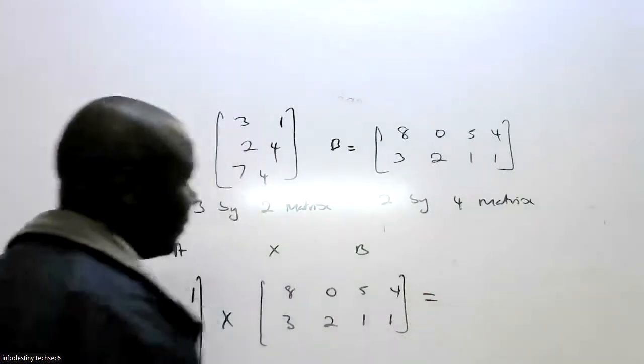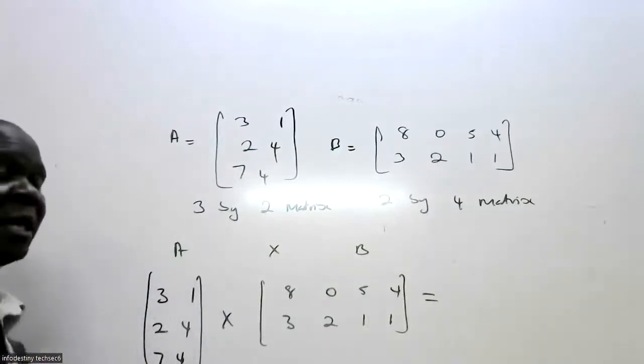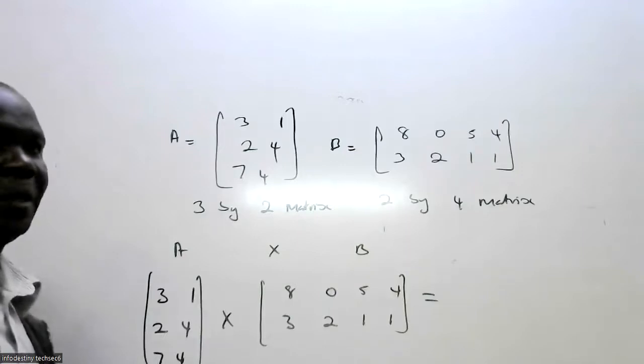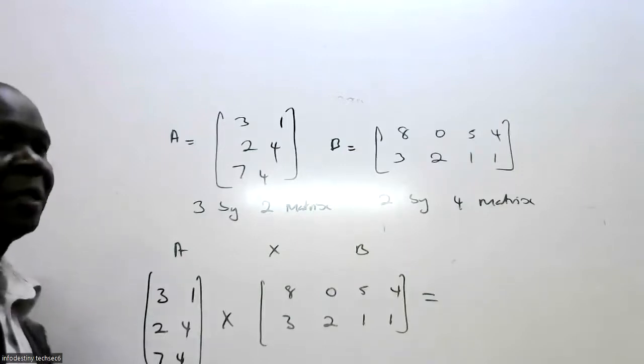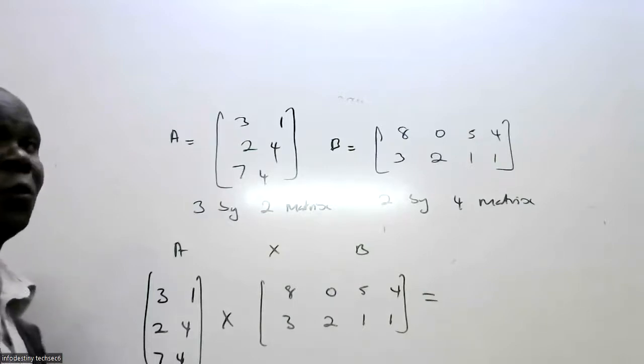When you multiply matrices, I always use the phrase "Roman Catholic", which means we multiply the row times the column.